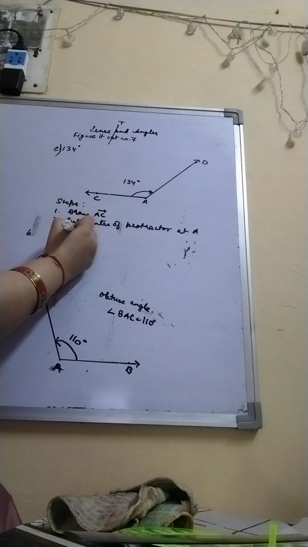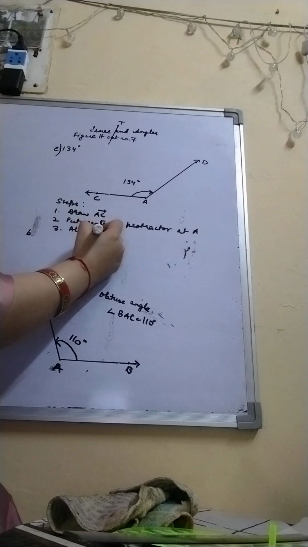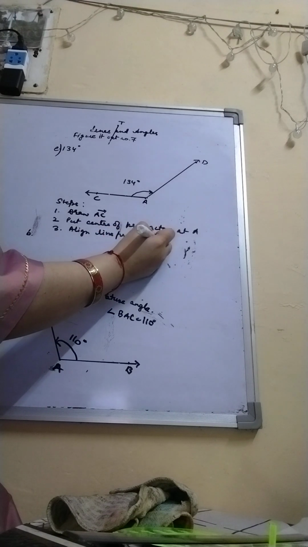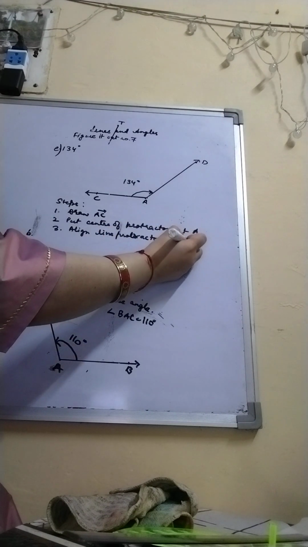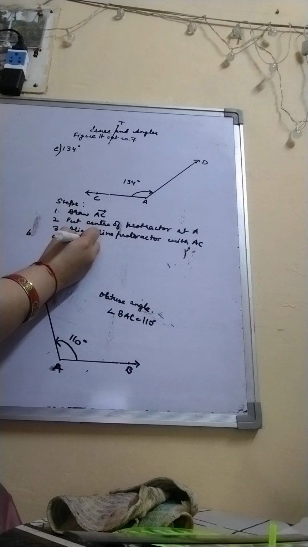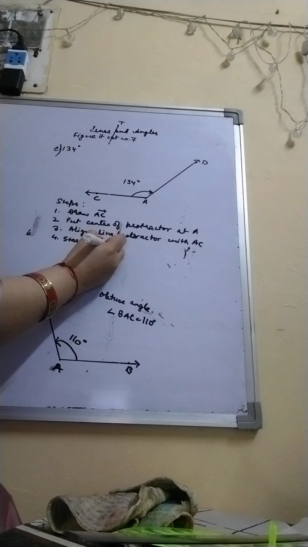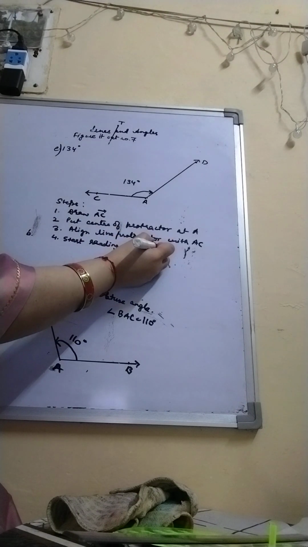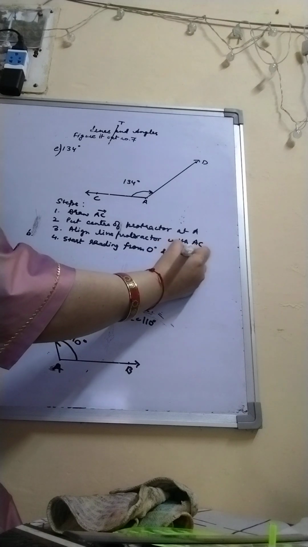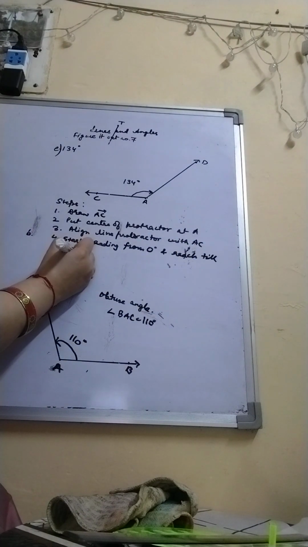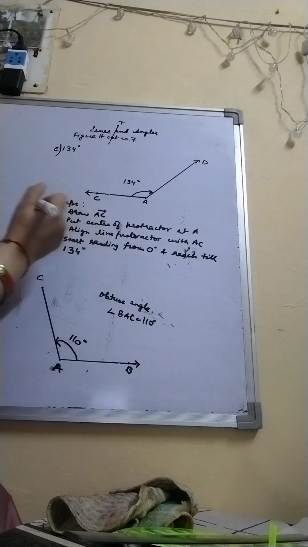Third, align line of protractor with AC. Start reading from 0 degree and reach till 134 degree.